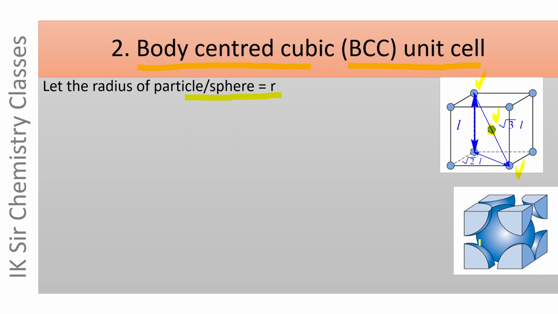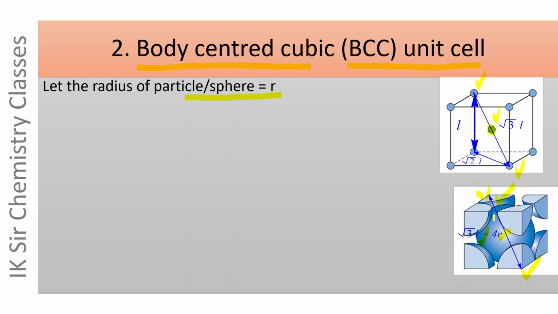This particle is present at the body diagonal, and these two particles are present at the corners or vertices of the cube. This body diagonal, that is root 3 L, is actually equal to 4 times the radius.